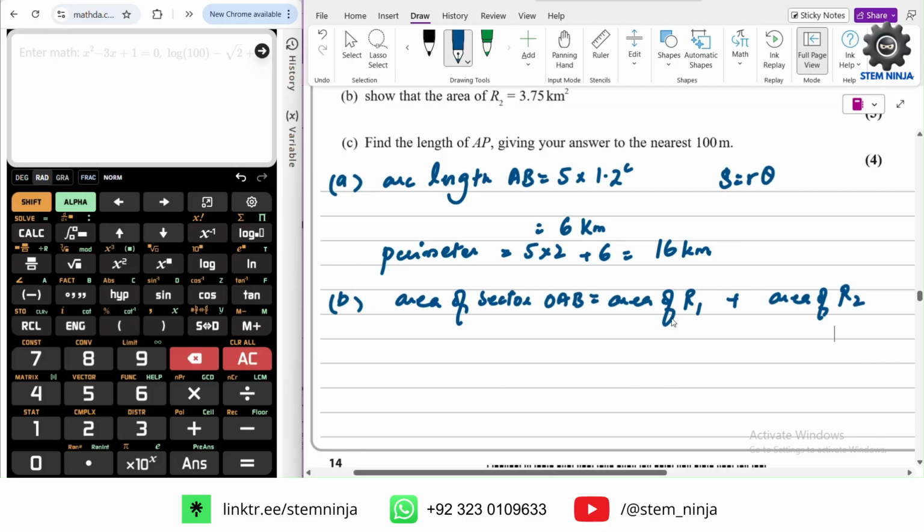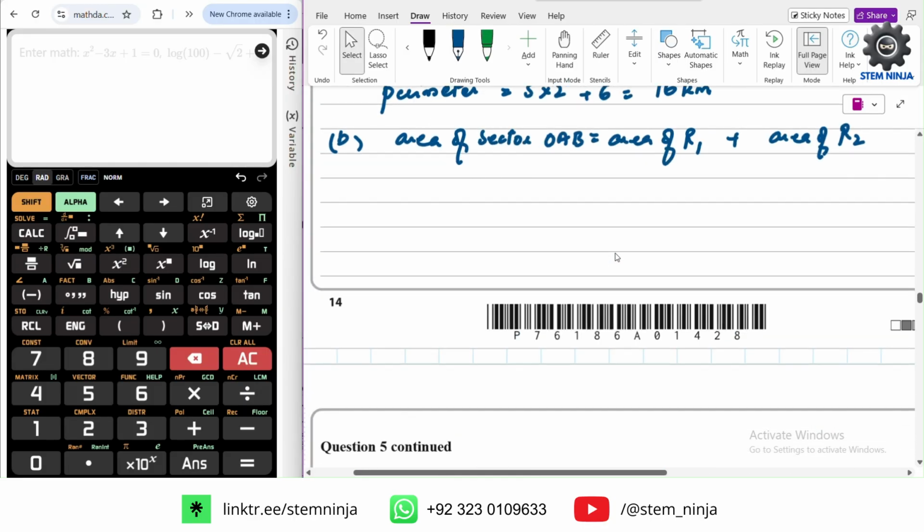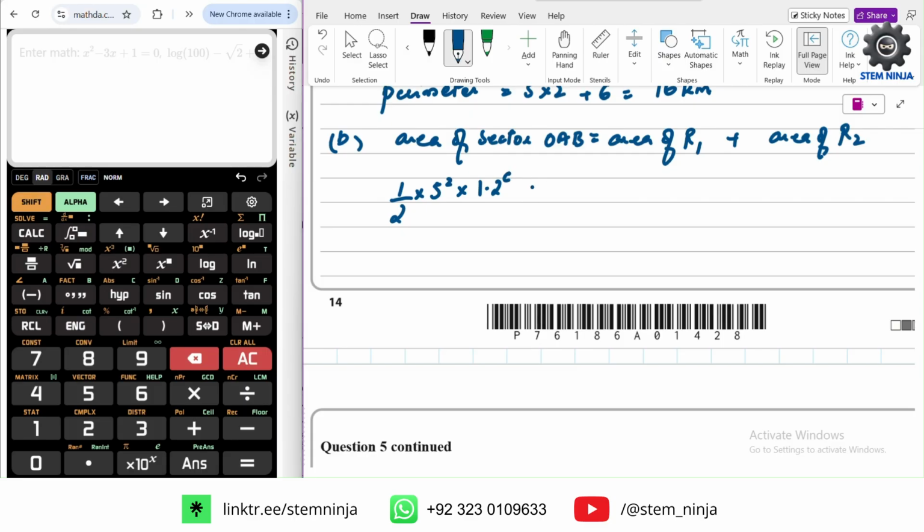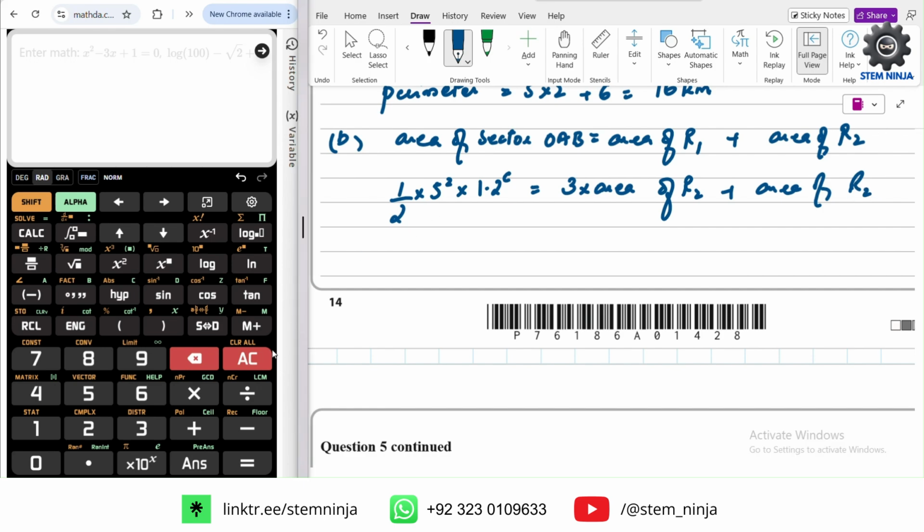Now they said area of R1 is basically 3 times the area of R2, and area of sector OAB can be written as half r squared theta, and 3 times by area of R2 plus area of R2. You can just simply write it as R2 also. I'm sure that would be fine.